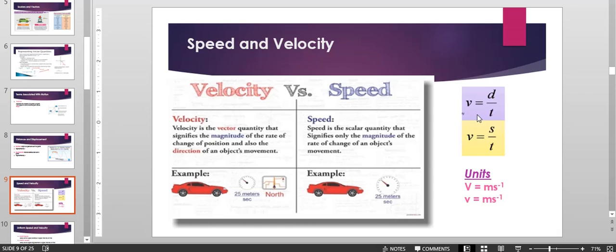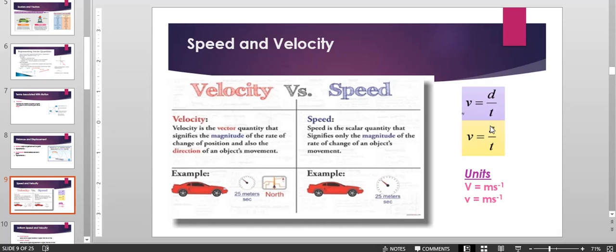The formula of velocity is displacement divided by time, and speed can be calculated by the formula s divided by t, which is the distance divided by time. The unit of both velocity and speed is meter per second.